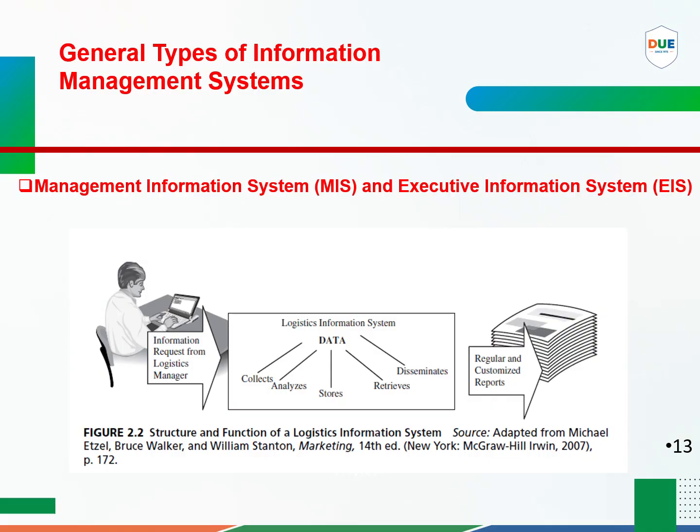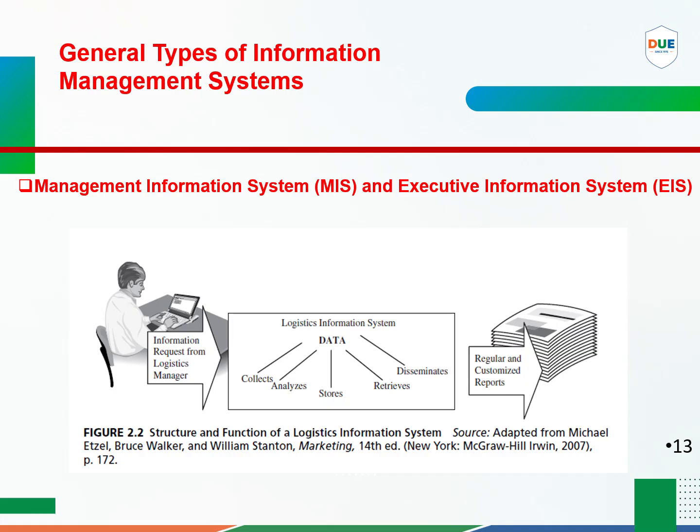Slide 13 keeps the focus on MIS and EIS and often accompanies a figure showing how information flows from transaction processing systems up to management and executive systems. The key point is that MIS and EIS do not create data on their own, they depend on accurate, consistent input from lower-level systems.